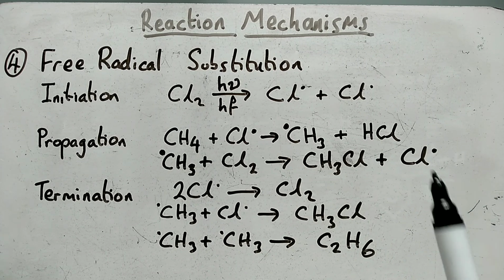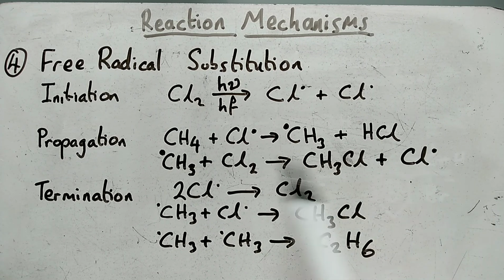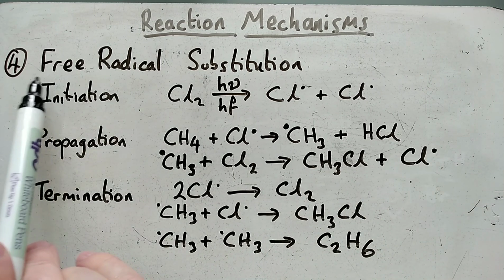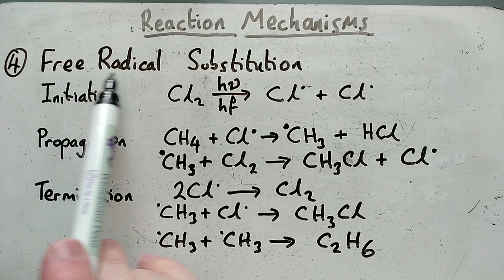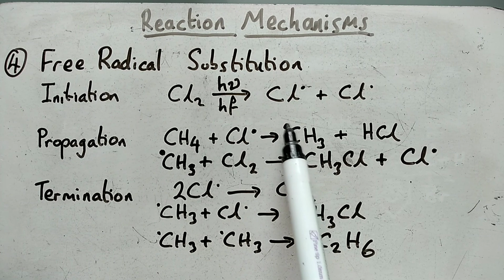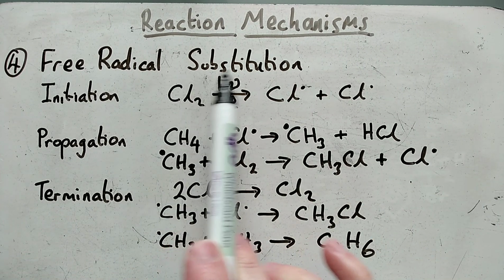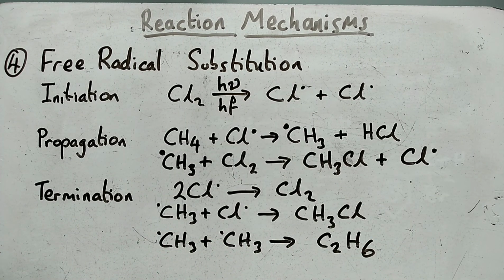Remember that in this one, the chlorine free radical is behaving as a catalyst because it's regenerated. And that's the name of the mechanism. It's a free radical, so we're making free radicals, we've got our dots, and it's a substitution because we're doing a replacement. We are not adding anything on without taking something off.